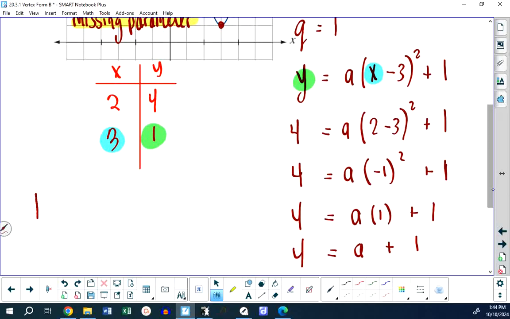We get 1 equals a times (3 minus 3) quantity squared plus 1. 3 minus 3 is 0. Congratulations, you have just proven that 1 equals 1. So by choosing the coordinates of the vertex, you eliminate the parameter in this case. So every point does make the equation true, but the vertex is a useless substitution, it turns out.